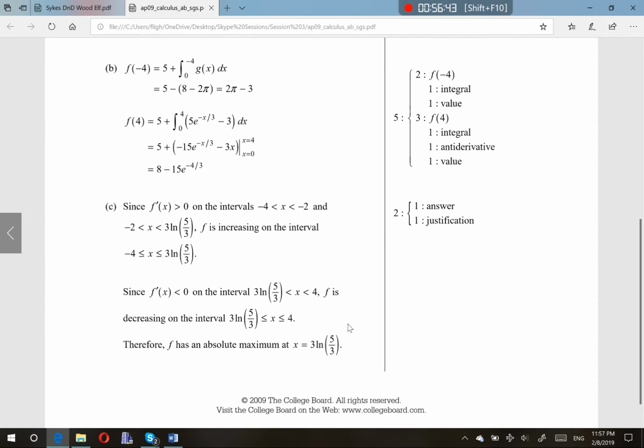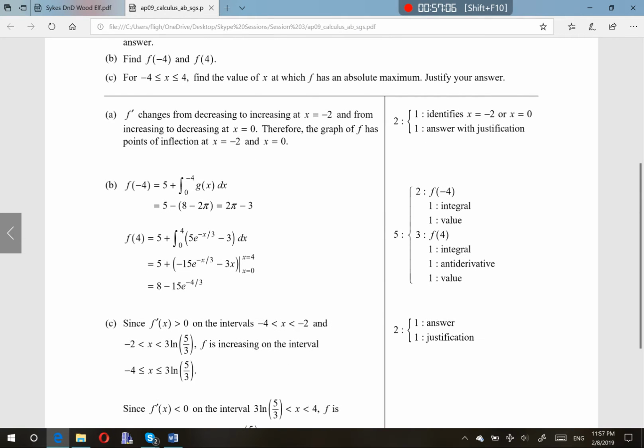Last one was our answer with justification. Our answer was having an absolute maximum at 3 ln 5/3 is good, and then our justification, we changed from increasing from -4 to 3 ln 5/3 to decreasing afterwards.